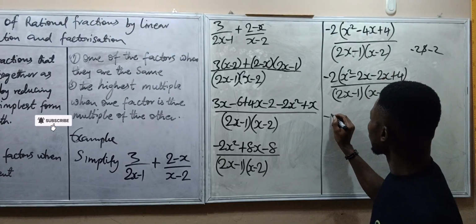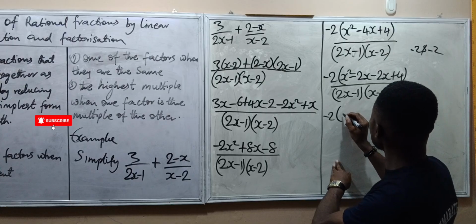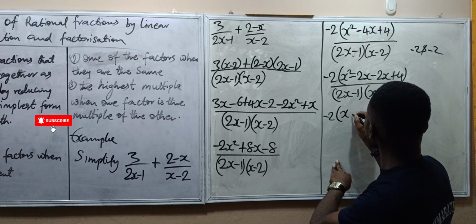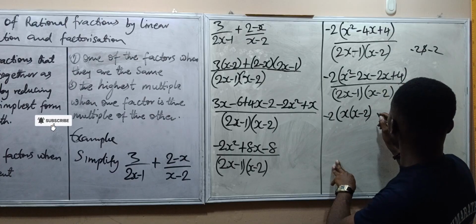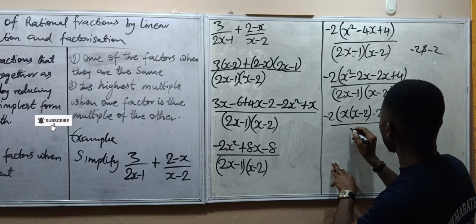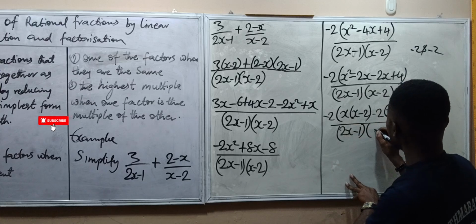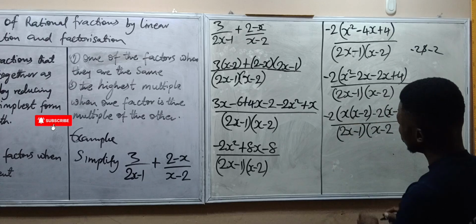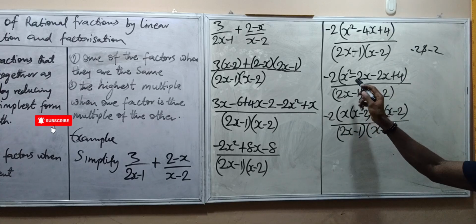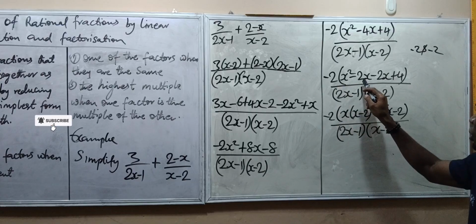Now, this is the same thing as minus 2 into, factorizing, x into x minus 2, and minus 2 into x minus 2, all over 2x minus 1 into x minus 2. Of course, you know how we factorize this one. When we bring out one x, we will be left with x and the minus 2.